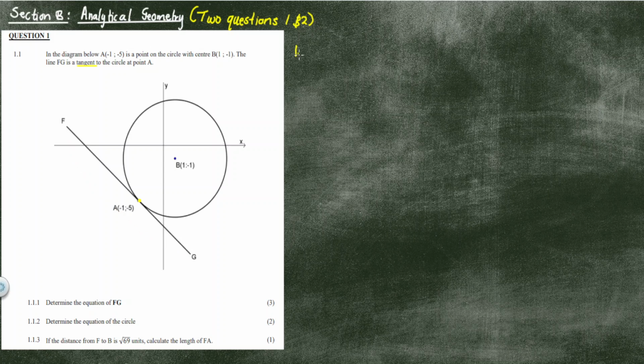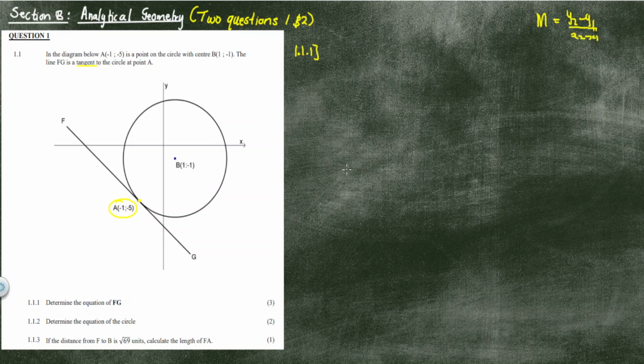So in 1.1, we want to find an equation for a straight line. So we need a point, which we do have as A here, right? So that's the point we have. Then we need a gradient. How do I calculate the gradient? Of course, you can use this equation: y2 minus y1 over x2 minus x1.